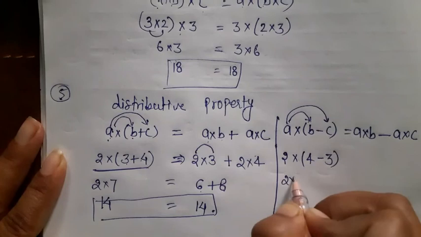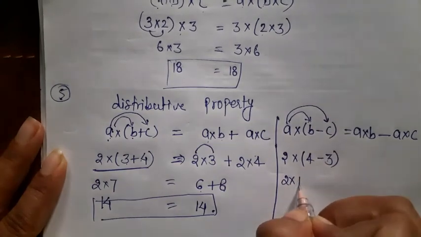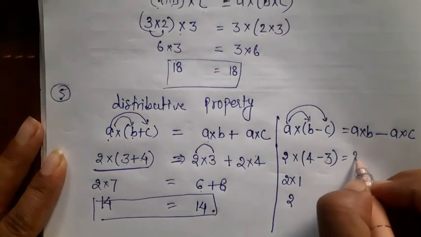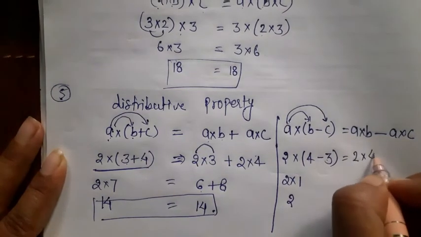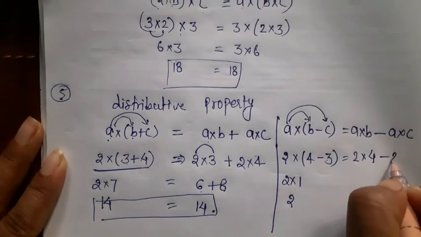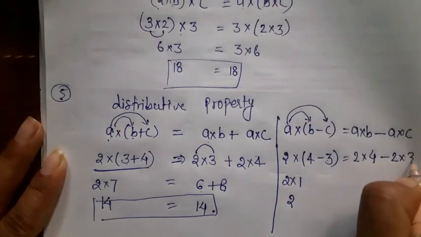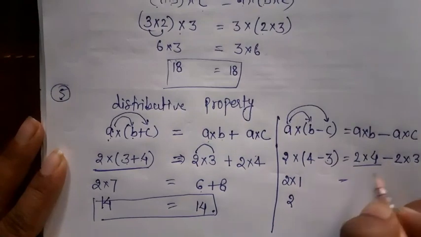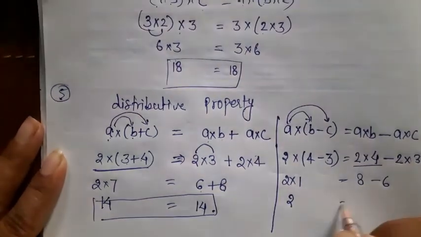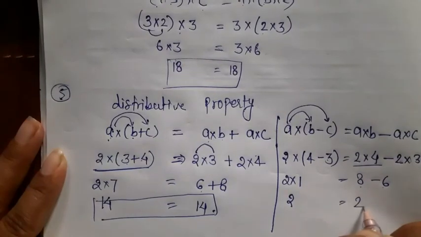So here 2 into 4 minus 3, which is 1, so we get 2. And on this side, a is 2 multiplied by 4, minus a is 2 multiplied by 3. So we get 4 times 2 is 8 minus 2 times 3 is 6. Now we subtract them, so we get 2.